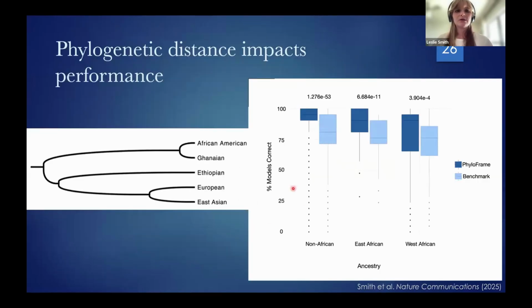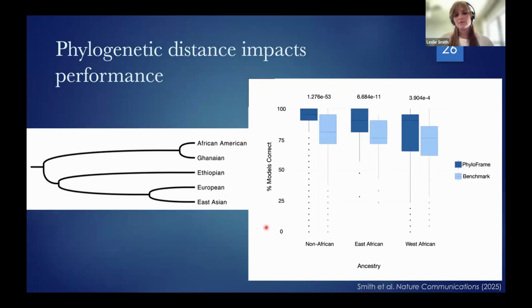And then the last thing we did is try to look at how our model performance is correlating with phylogenetic distance. So here we sorted our samples into non-African, East African, and West African. And this over on the left is showing the phylogeny for those populations.